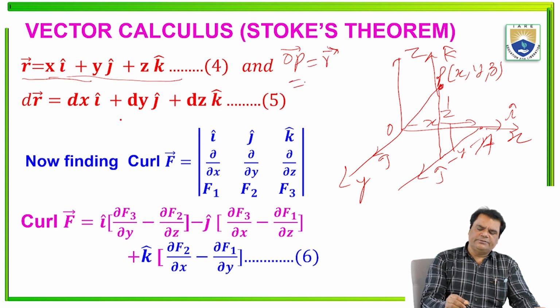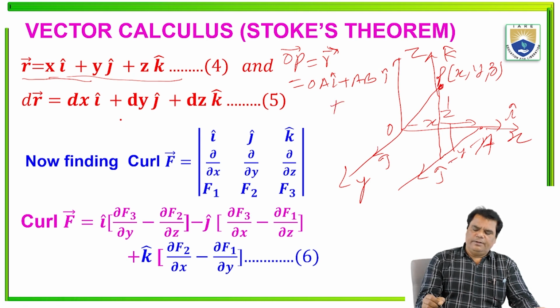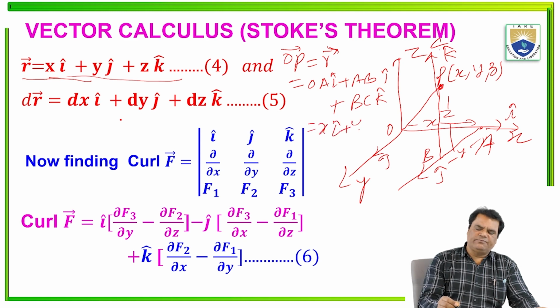The r vector is OA i plus AB j plus BC k. Here is B, and this is C. So this is xi plus yj plus zk. This is vector r.